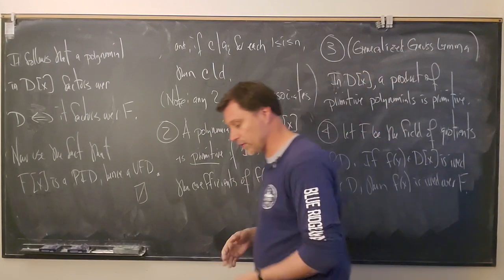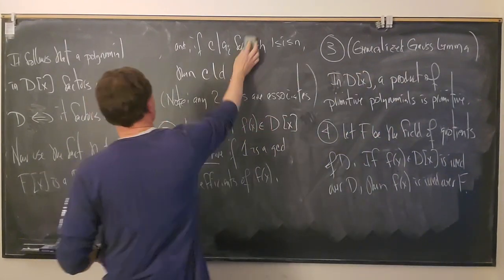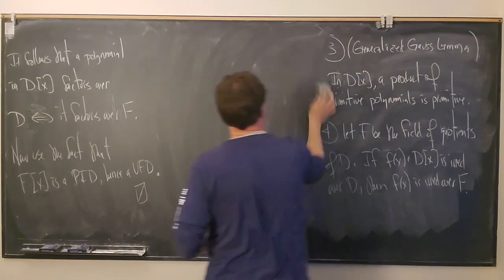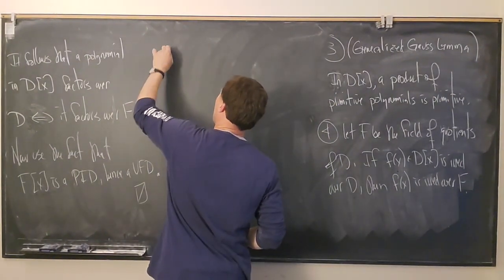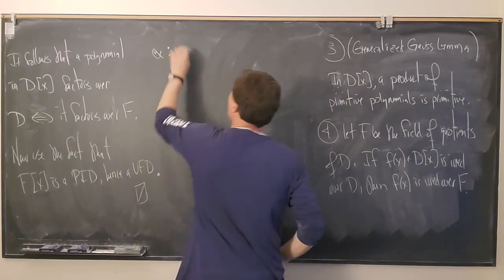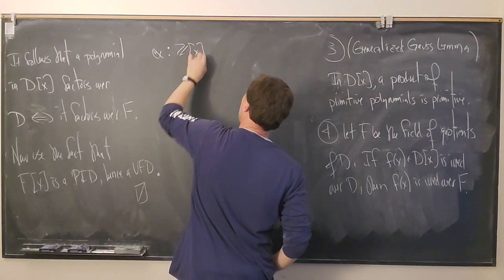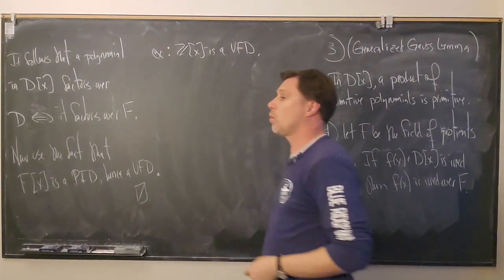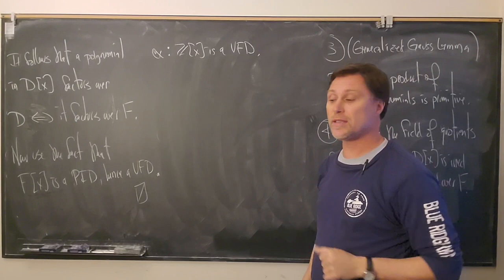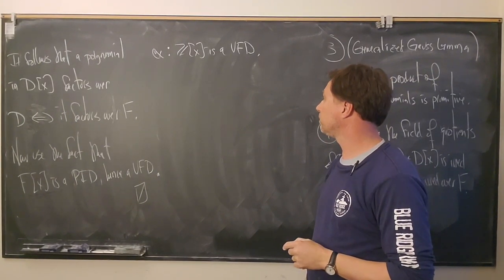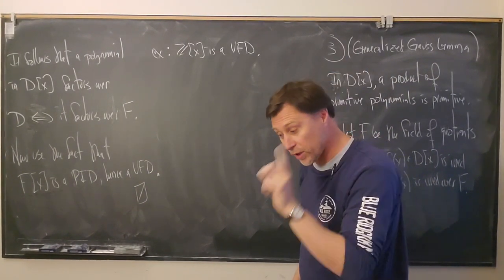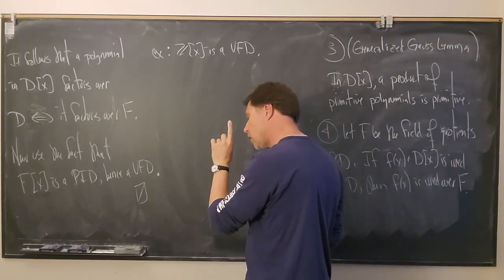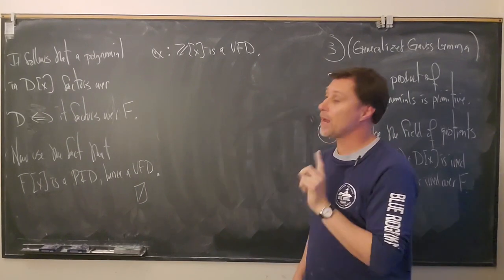But as a quick corollary, a consequence, Z[x] is a UFD. Why is that? Because we know that its ring of coefficients Z is a UFD. Even though, so here's our example now, we know that Z[x] is not a PID.